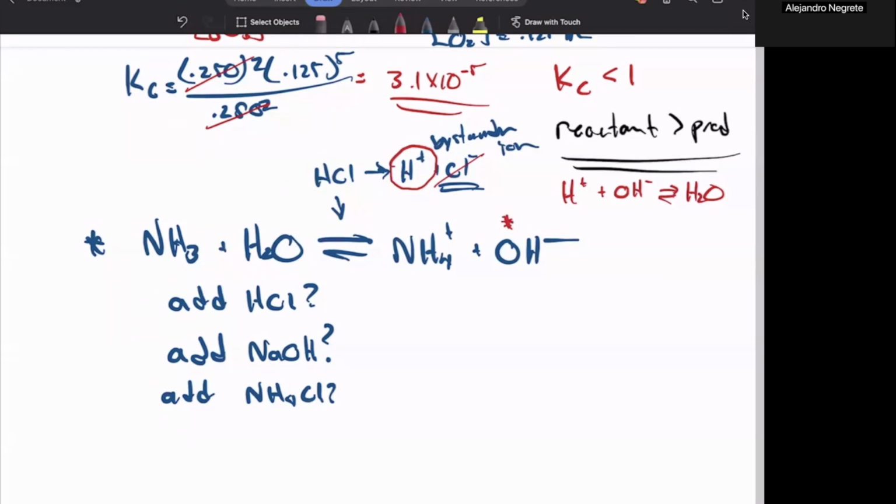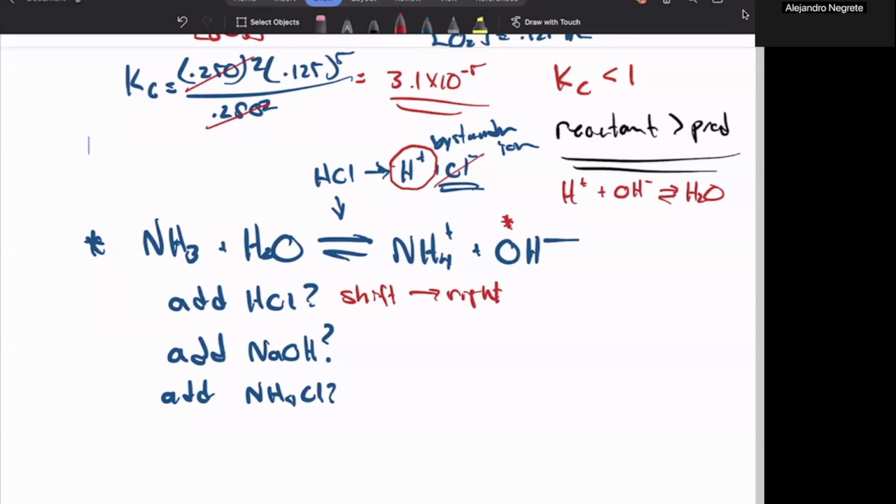And if we consume that hydroxide, we're going to have a shift to the right simply because we're consuming the hydroxide. In order to relieve the system, the reaction has to shift to the right in order to produce more hydroxide. So that would be the effect of this over here.